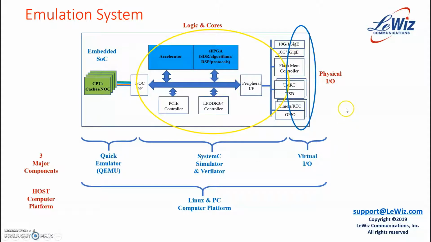On the right-hand side are the physical I/O. Emulating the physical I/O is much harder, so we developed a concept called virtual I/O to do that. All of this emulation is running on top of a Linux PC host platform.